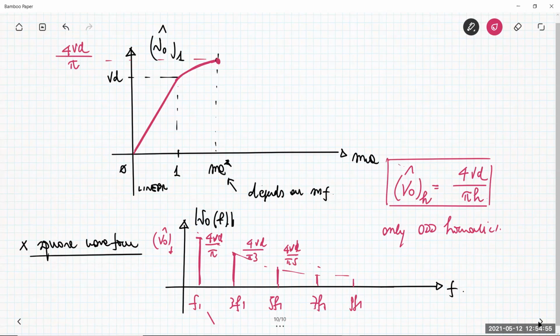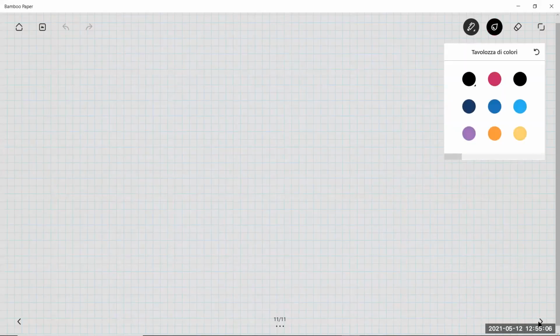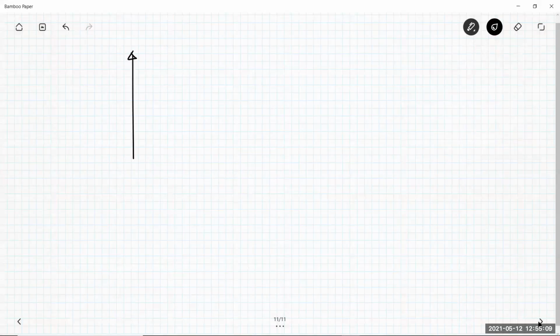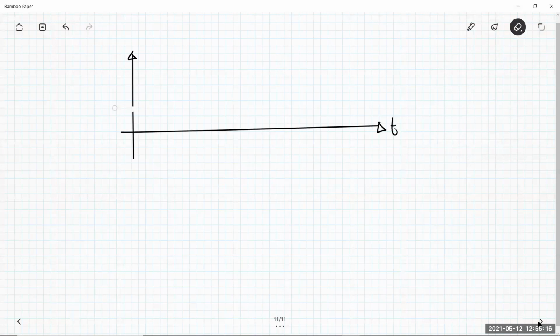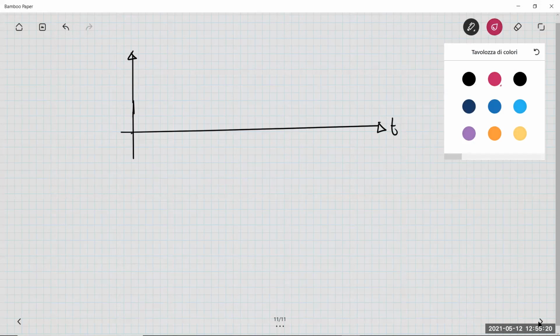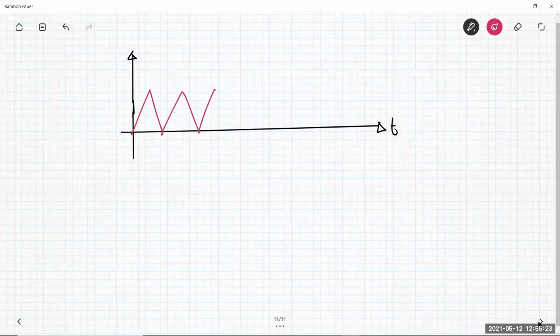And what happens if you increase MA to a larger value than MA star? Something changes in the amplitude. For example, let's have a look at this. This is the standard triangular waveform.